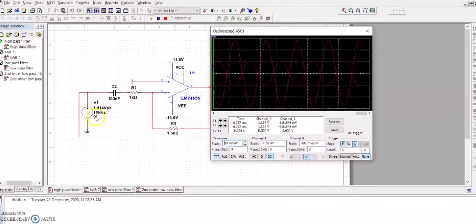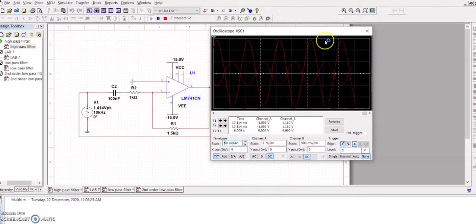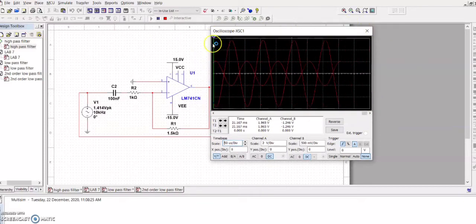So for 10 kHz of the high pass filter, we get the waveform like this.